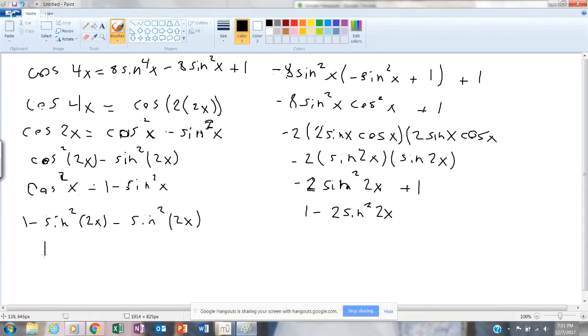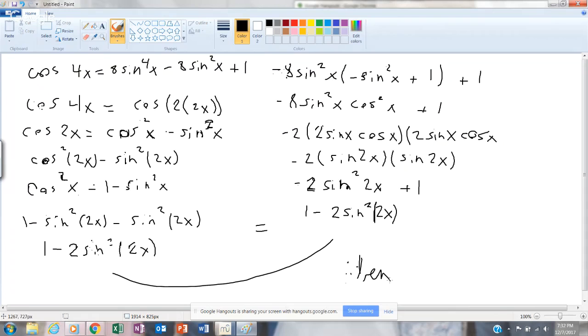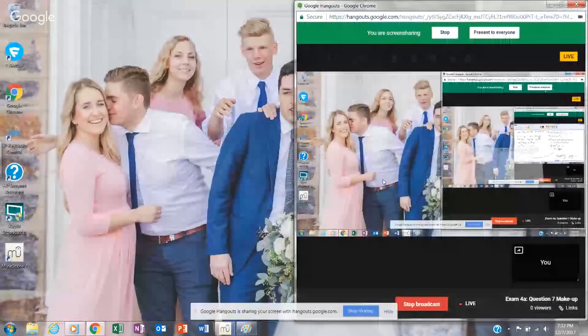Combine like terms and we get 1 minus 2 sine squared of 2x. And that is the same thing. So that is an identity. Yay. All right, so that was question 7.